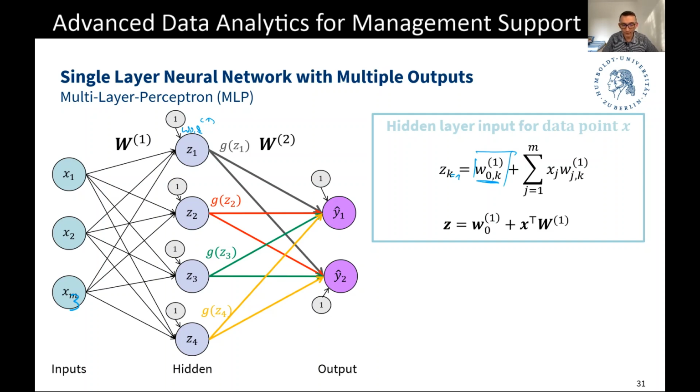And if we then compute x transpose times W1, we get this 1 by 4 output vector Z. So in this example, Z is 4 by 1. All right.